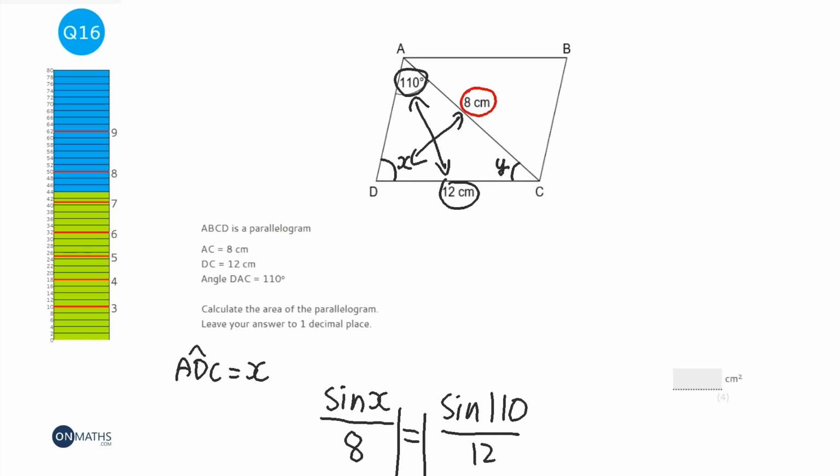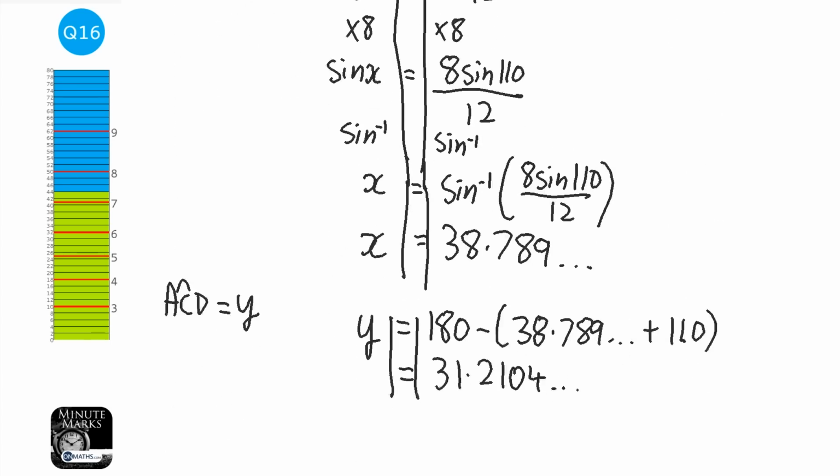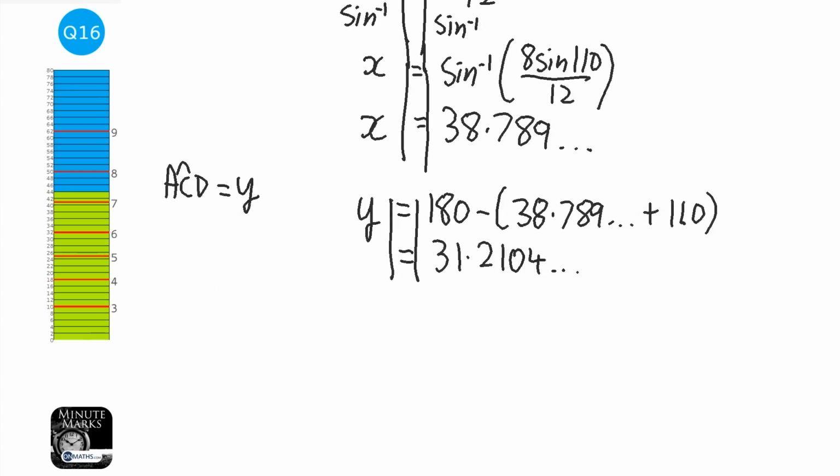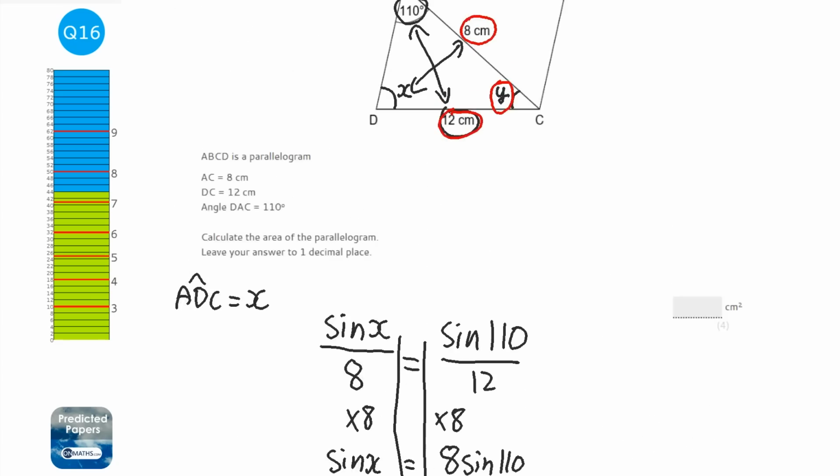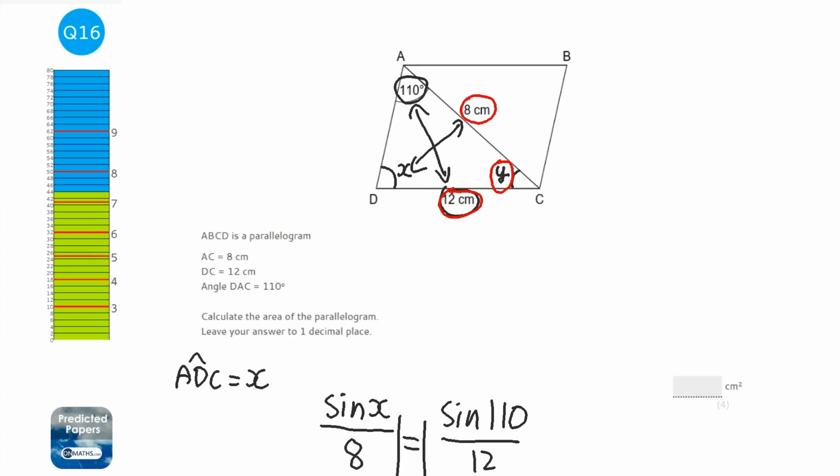Okay, so I've worked out what y is, which is good, because when you have a length, then an angle, then a length all together, you can use the trigonometric area formula. And the formula is dead easy. It says area equals half AB sine big C. The problem is we've actually got two triangles.